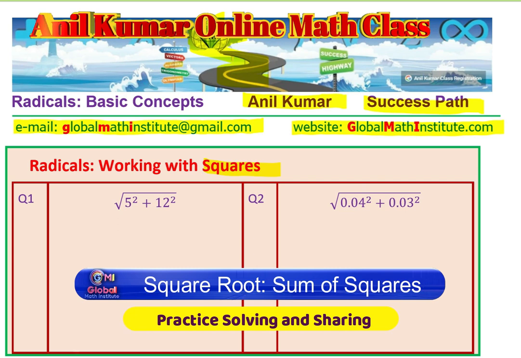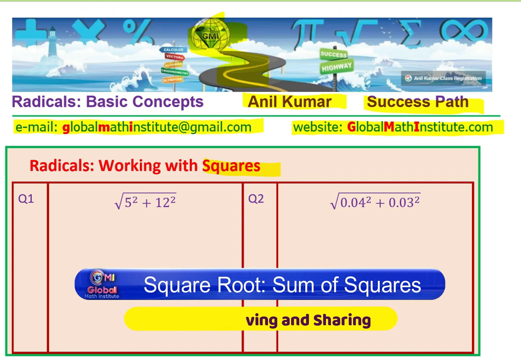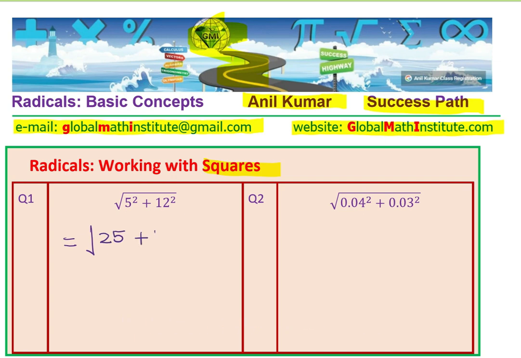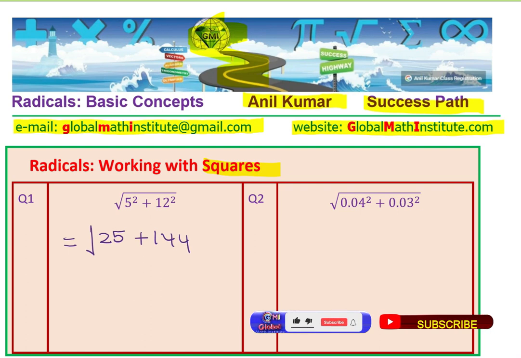Great. Now let's begin with the very first question. It says square root of 5 square plus 12 square is what? So this is not difficult at all. 5 square is 25. We can write this as 25 plus 12 square is 144, correct? When you're doing radicals or square roots, you should know perfect squares.